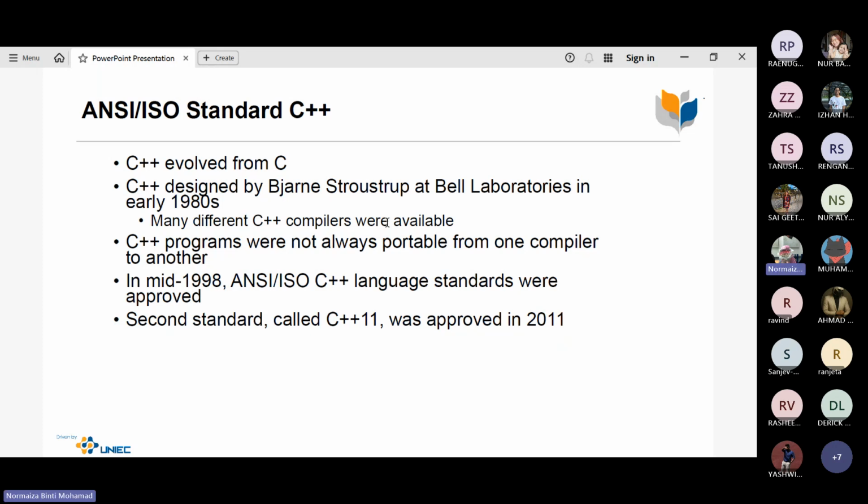Because before that, there were a lot of compilers available, but they were not portable or compatible. So with the ANSI/ISO language standard approved in 1998, all these different compilers are supposed to be compatible, so that a program is portable from one compiler to another.